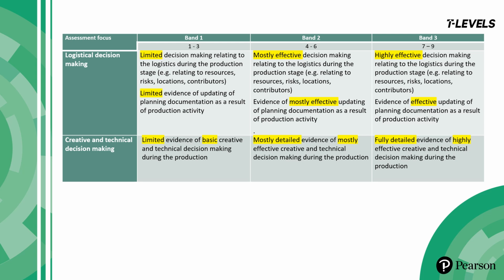If students have provided evidence of highly effective decision making, but no reference to updating planning documentation, then a best fit mark must be applied. This mark should be based on the qualities of the work and balance all the considerations of the relevant band descriptors. In this case, a mark of 5 or 6 marks in band 2 may be appropriate.